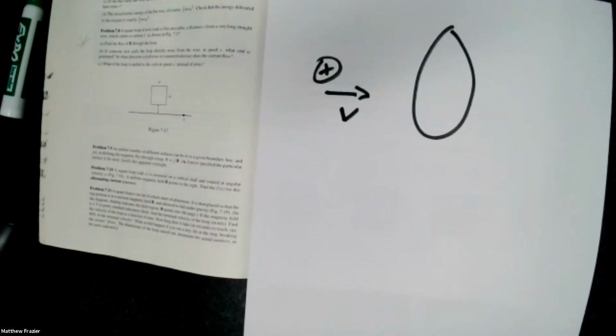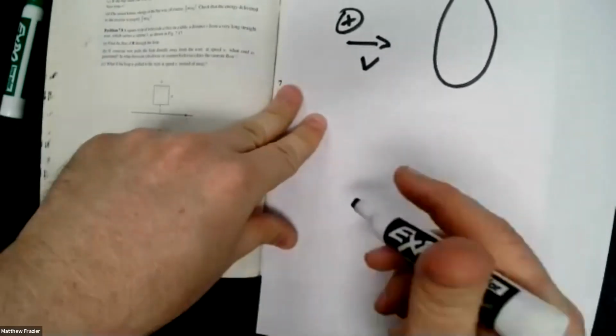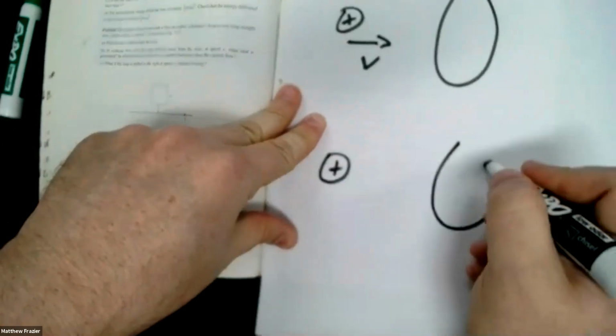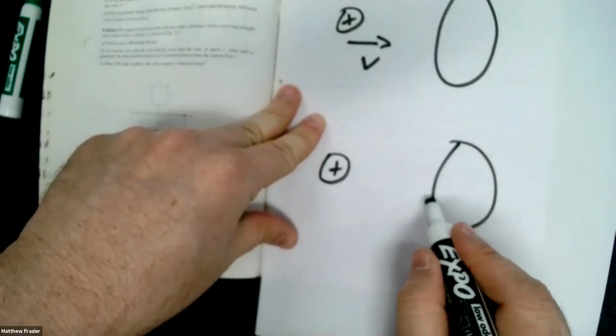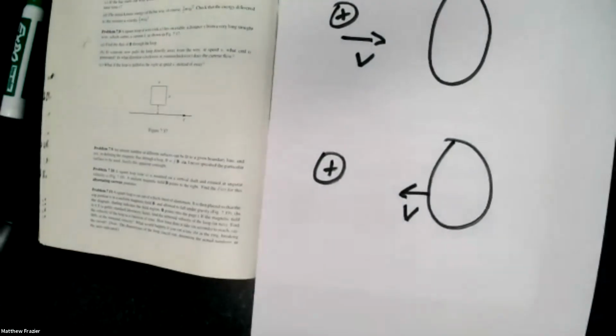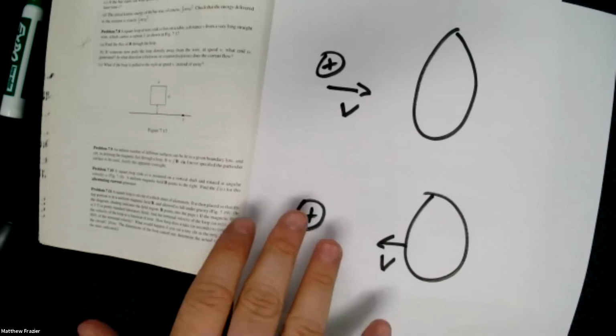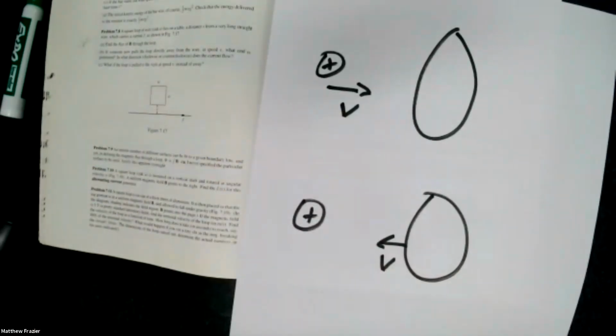Now, because velocities are relative, we can also describe it as a charge and a loop, and the loop is moving. I really should draw these loops slightly differently, but that's okay. All right, but we have this example of the charges. One case the charge is moving, the other case the loop is moving.